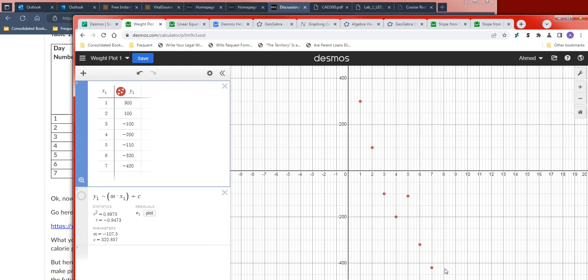So you can track these points down, and you can see that as the days go by, he is burning more calories than he's taking in. And you know what the result of that would be. He would be losing weight, right? And that's the intention of being in this camp, is to get him in shape so that he can enter the military and pass the fitness test, right?